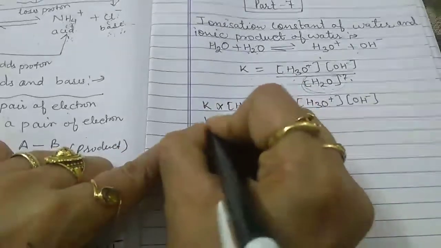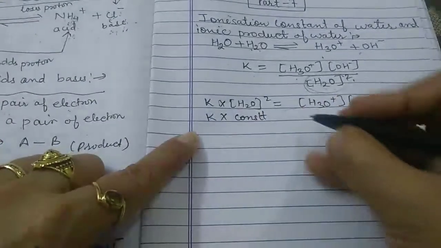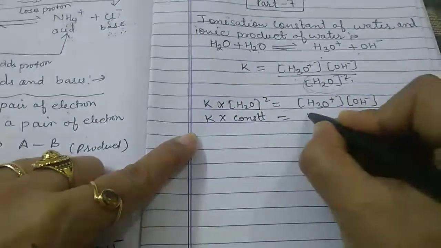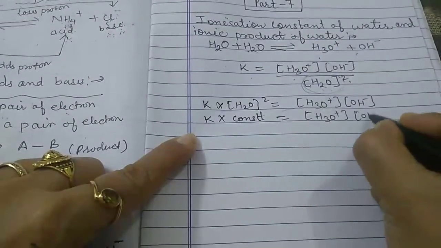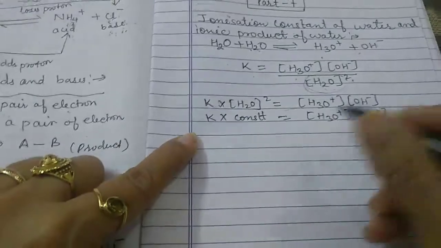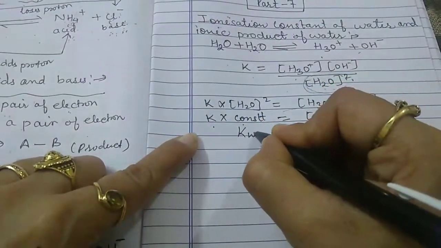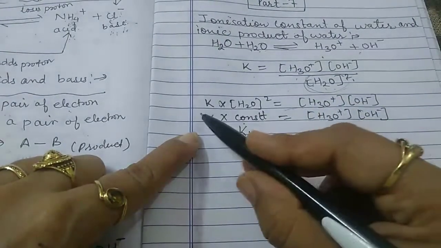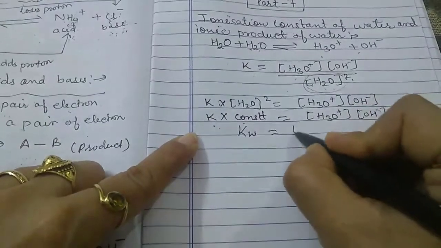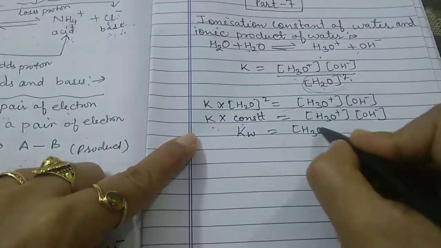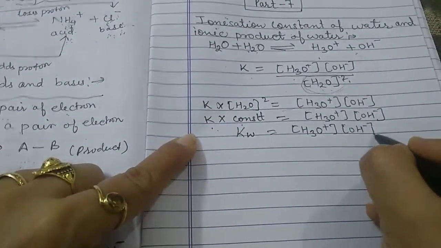So K multiplied by this constant is considered as Kw, and Kw is equal to [H3O+][OH-], the hydronium ion and the hydroxyl ion.